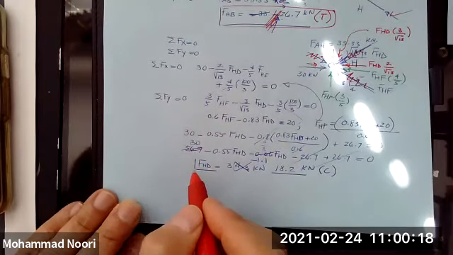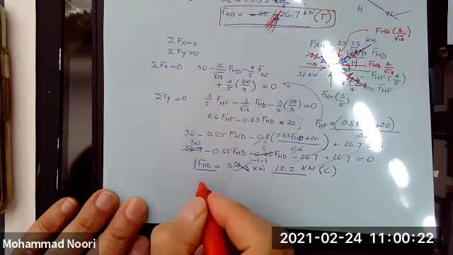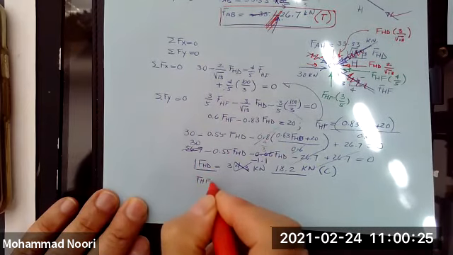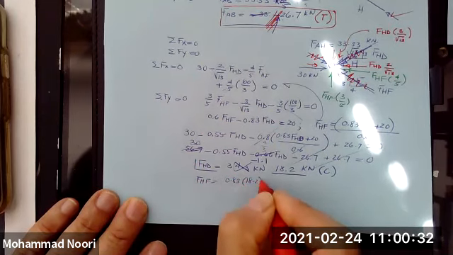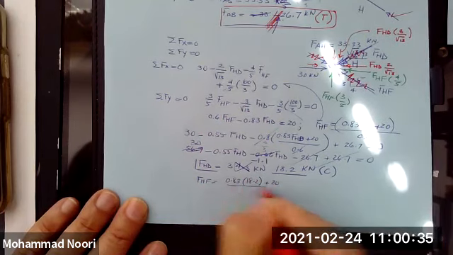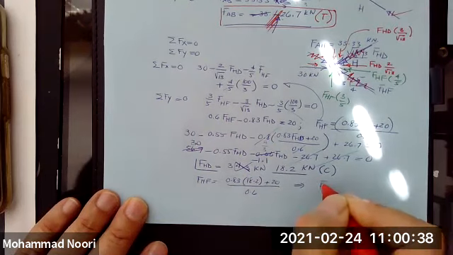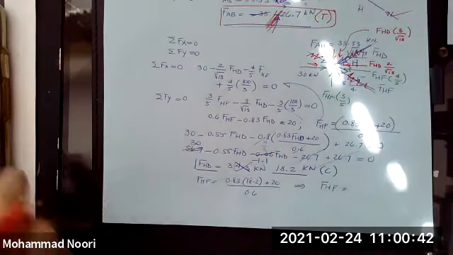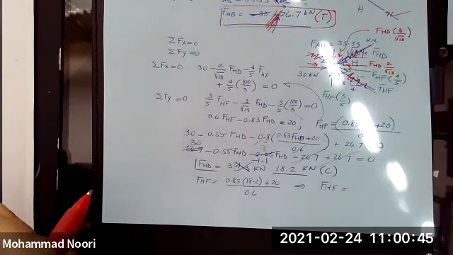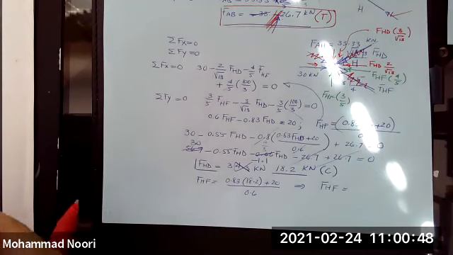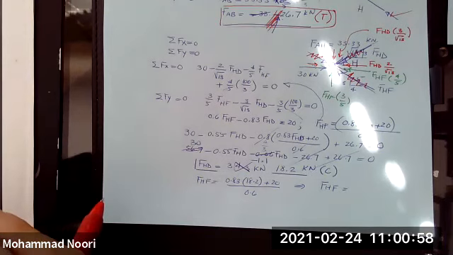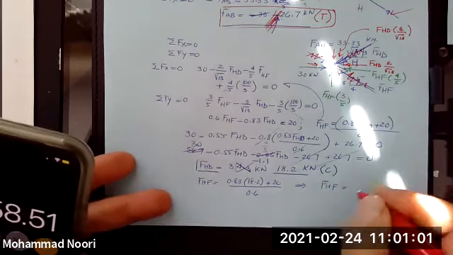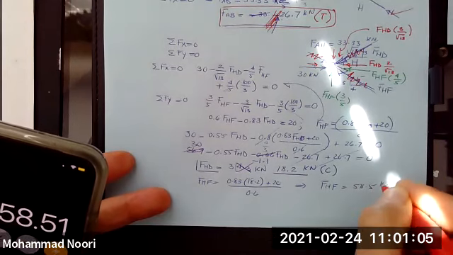Let's use the other equation. Which is here, f of hf is 0.83 times 18.2 plus 20 divided by 0.6, and f of hf comes out to be 58.5 kilonewton.